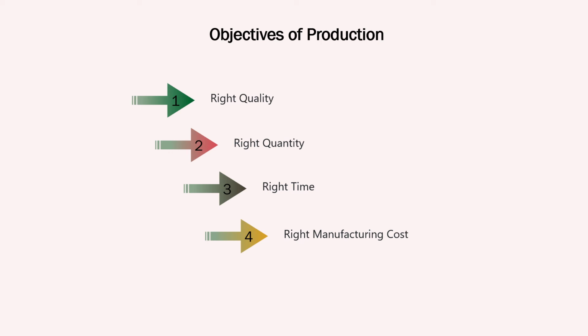Then comes right time. We need to make sure the product reaches the final customers on time, when they are in need. If you are supplying after the demand, then there is no use.